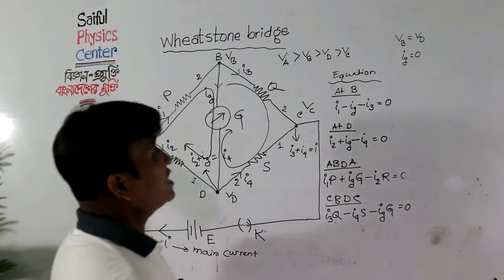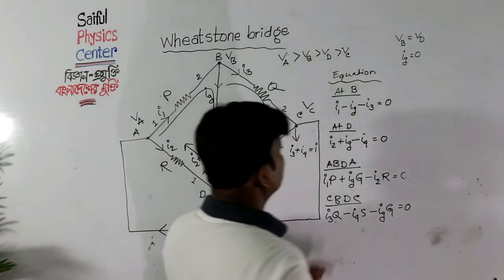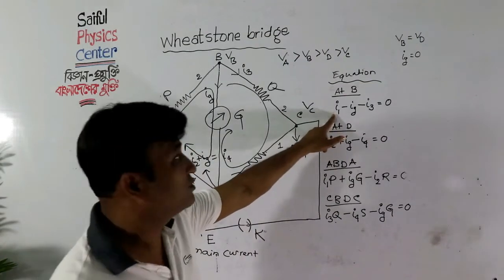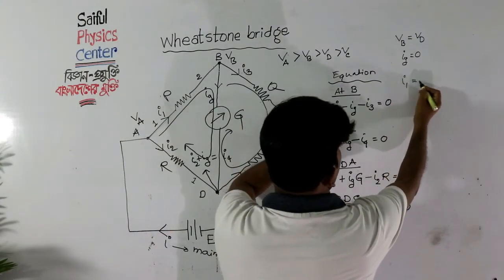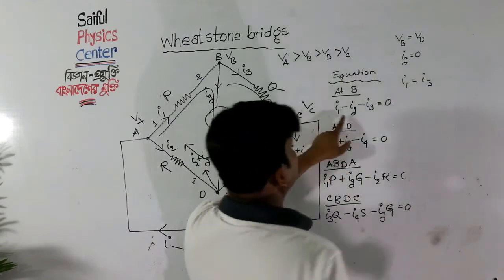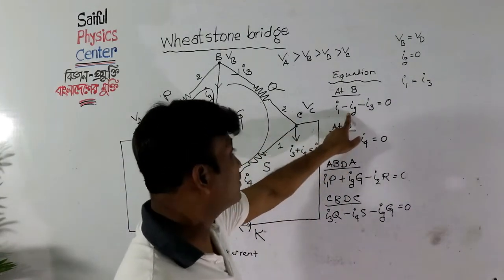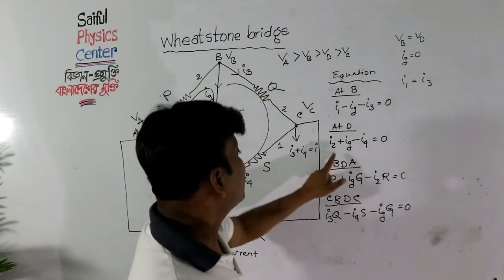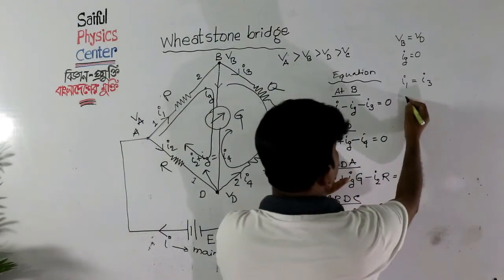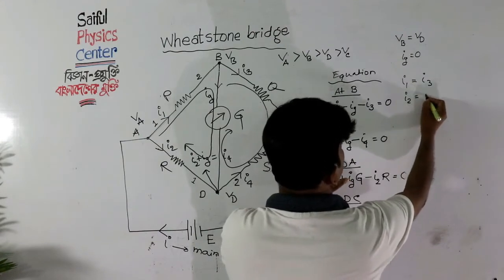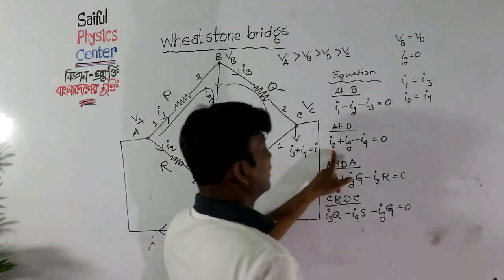Okay, now taking IZ equals 0 in this equation, we get I1 equals I3. From this equation, as IZ is 0, we can write I2 equals I4.